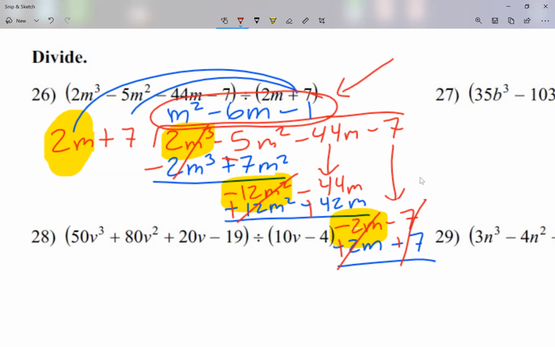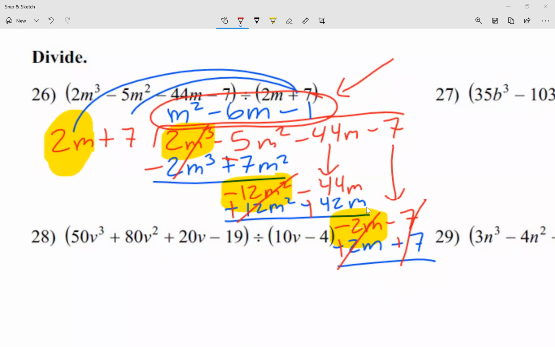This right here. M squared minus 6m minus 1. Everything cancels out at the end, so I don't have a remainder. Sometimes we will have remainders, but for right now, at least for these first two questions, I don't want us to have a remainder.